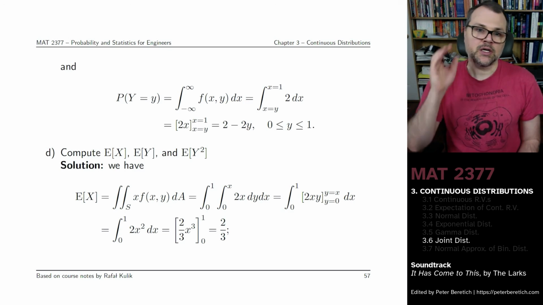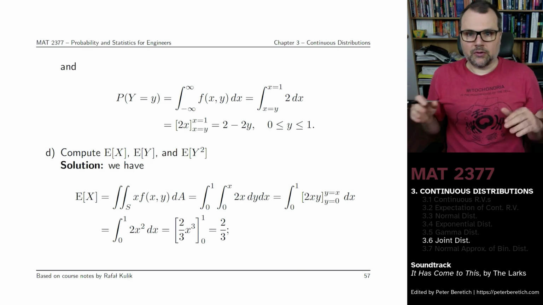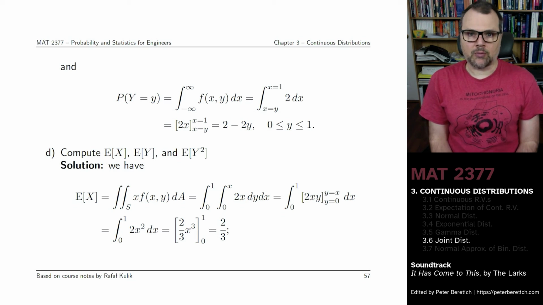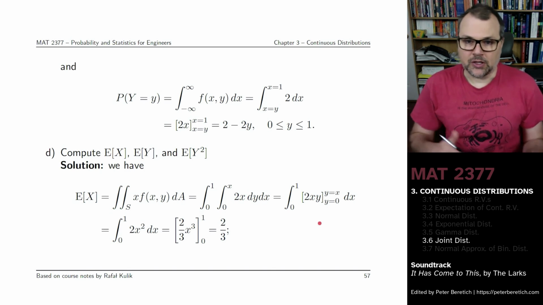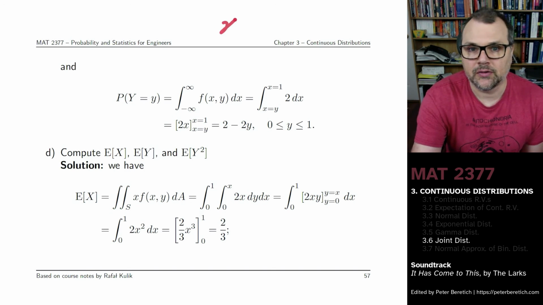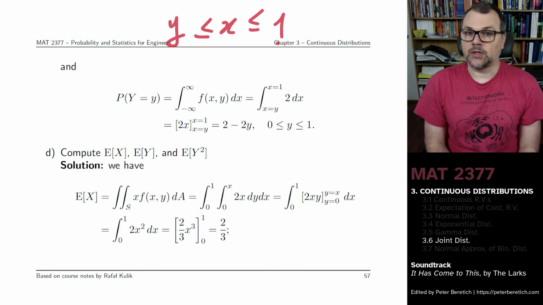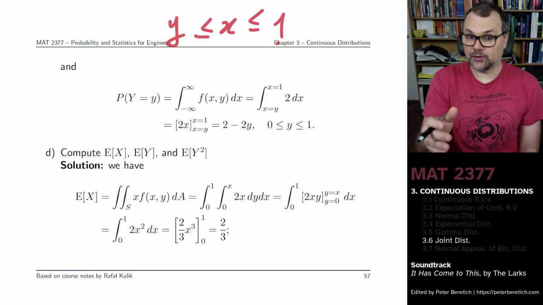And similarly, the marginal probability that y is equal to y, if you know nothing about x, you're integrating the probability density function over all possible values of x. Well, x, as I've mentioned a few slides back, is actually going to vary between y and 1 whenever y is allowed to vary between 0 and 1. Right?